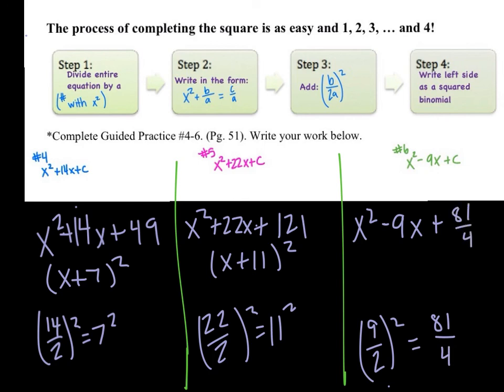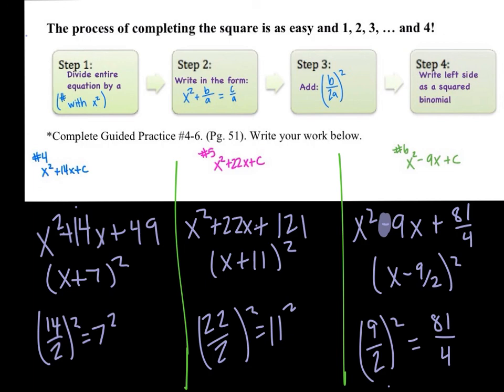That is our c term that makes us a perfect square trinomial. When we write it as a squared binomial, this would be x minus 9 halves squared. It matches your sign in the middle. Half of 9 is 9 divided by 2.